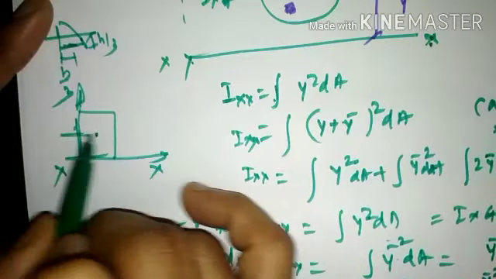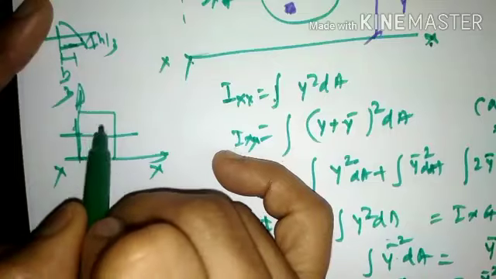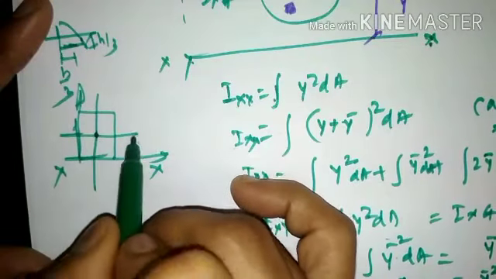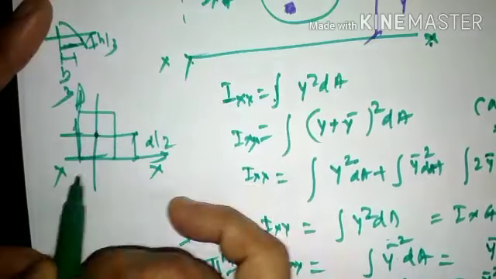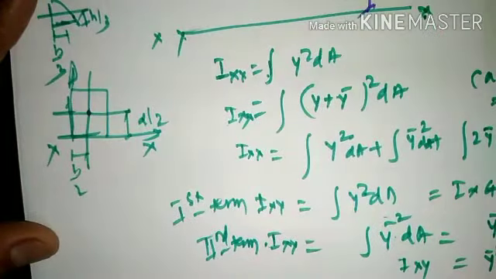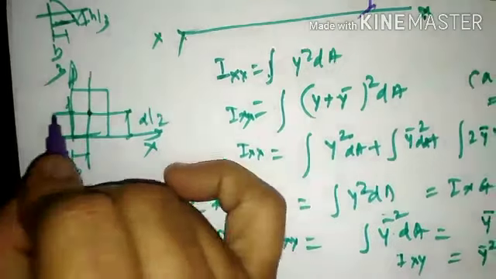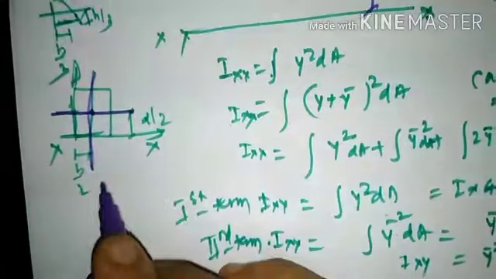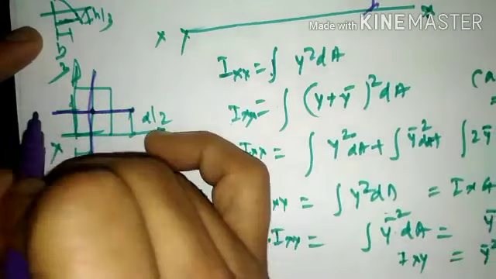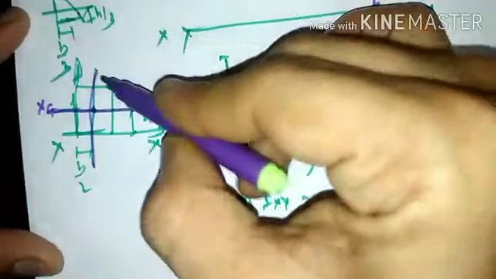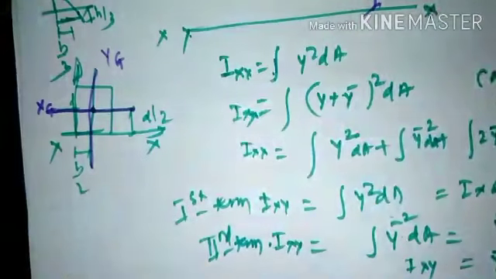After the derivation, I calculated the values of x bar and y bar, that is d by 2 and b by 2. I then have the freedom to choose one more referential axis, passing through the centroid. Whichever axis passes through the centroid and is parallel to the x-axis will be called xg. Likewise, whichever axis passes through the centroid and is parallel to the y-axis shall be called yg.